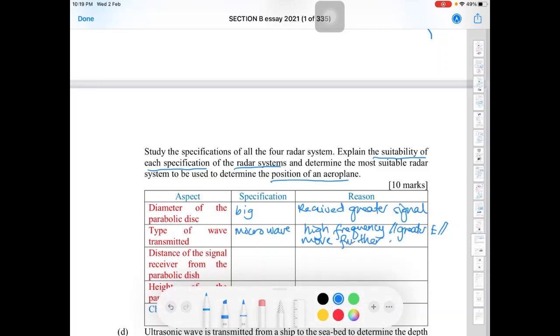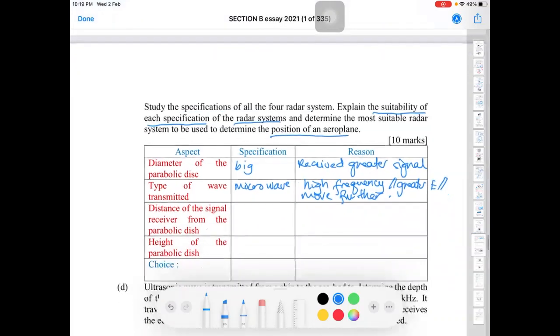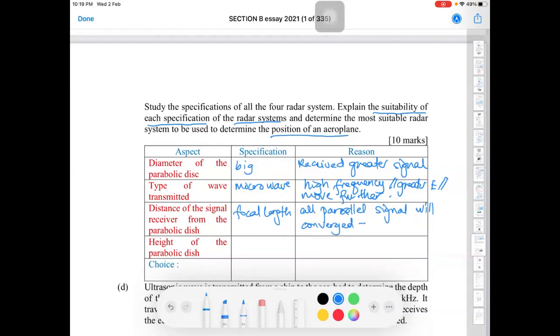Okay, distance of the signal receiver from the parabolic dish, kita akan buat kat focal length. Focal length maksudnya dia letak dekat focal point. Because all parallel signal will converge to the receiver.